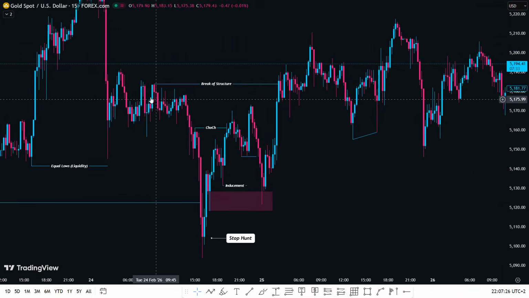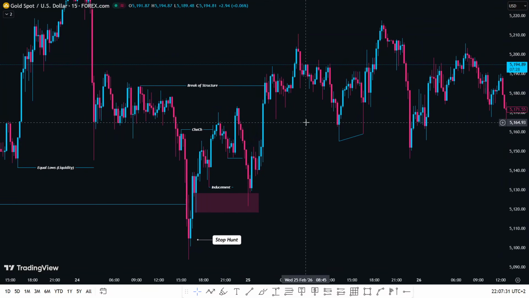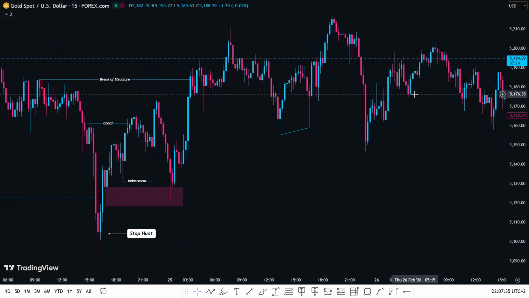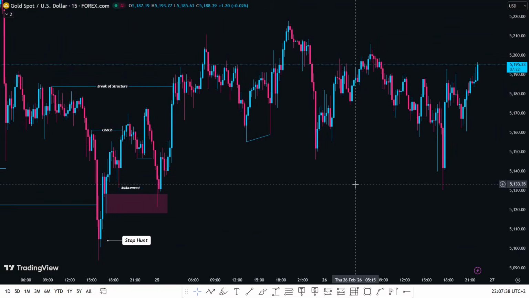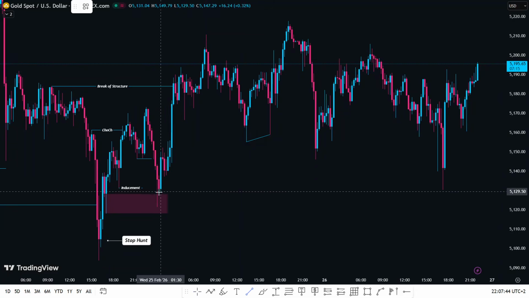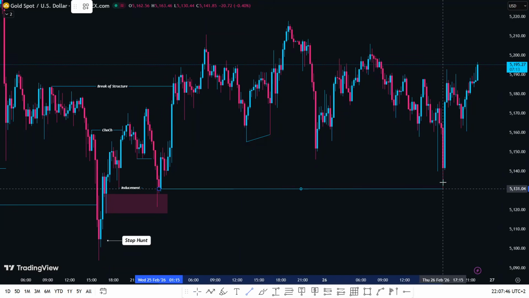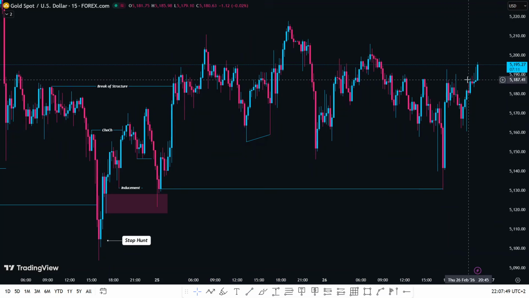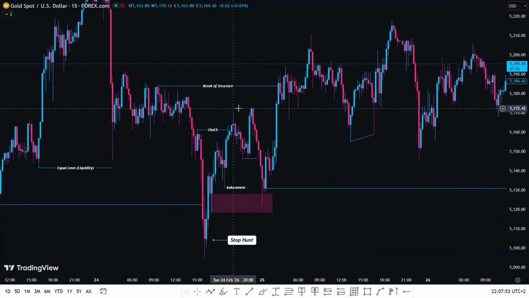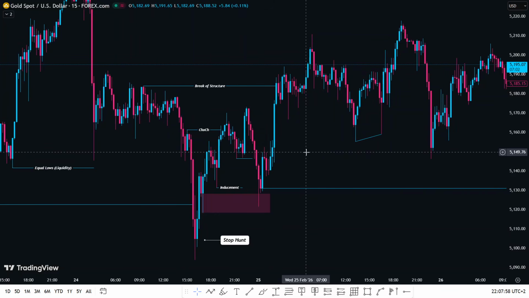Since we just created the major break of structure, we broke above the major high, price is still consolidating. You can clearly see that after we broke above here, price came back to retest a level right here, which then price started to move aggressively, which shows you that everything is in alignment based on our interpretation of the chart.